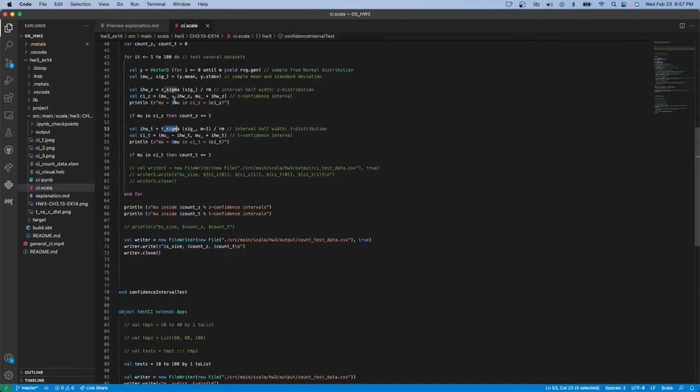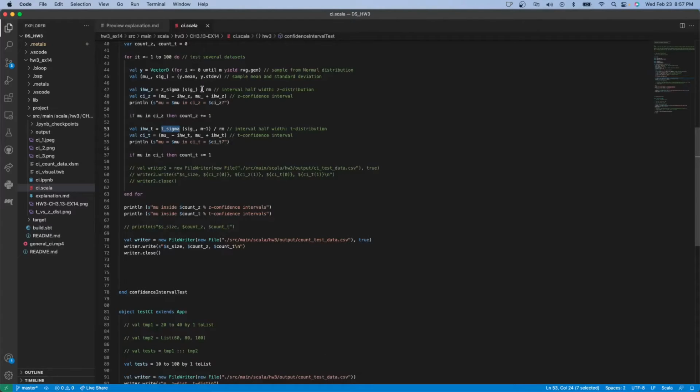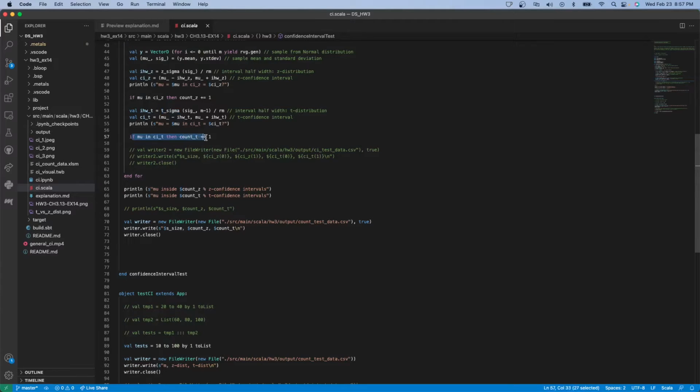The only difference is that we're substituting T sigma for Z sigma, which is another function that uses the T distribution rather than the Z distribution to find what our confidence level value should be. And then we're keeping track of how many of the population means fall in this interval.